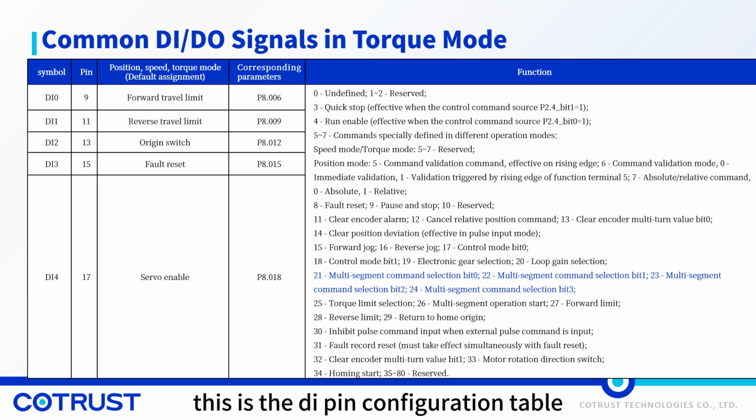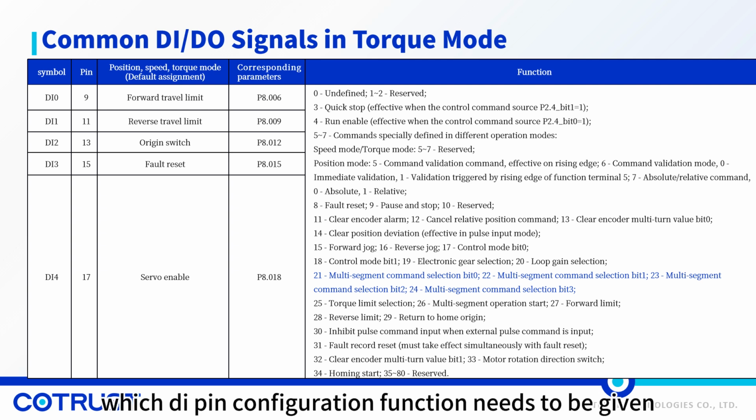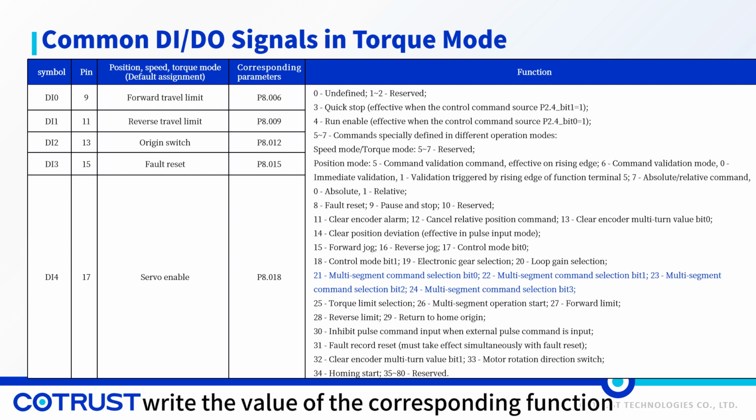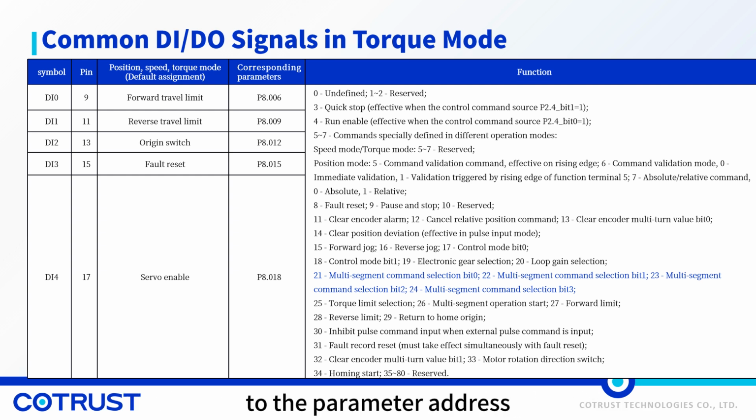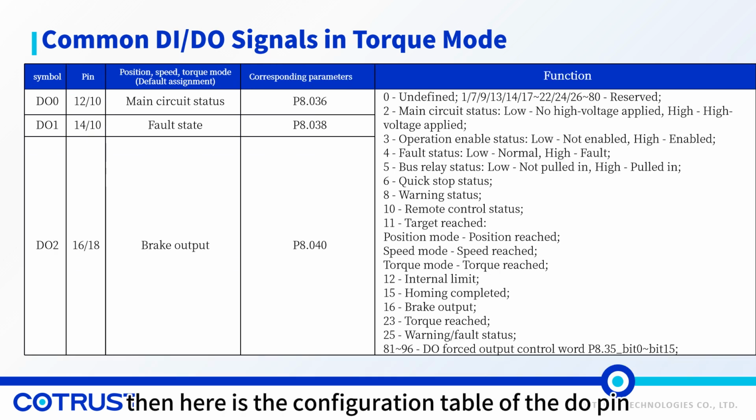This is the DI pin configuration table, where the DI pin configuration function needs to be given. Write the value of the corresponding function to the parameter address corresponding to the DI. Then here is the configuration table of the DO pin.